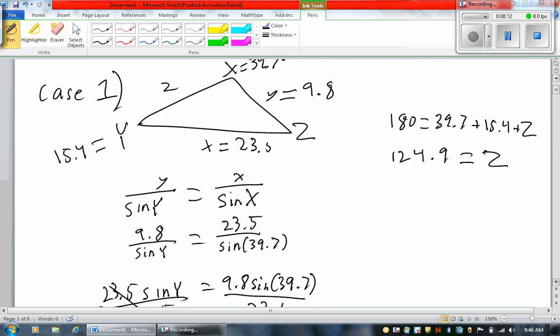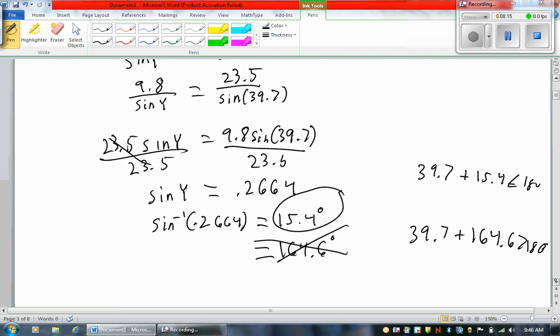We can now solve for our side z, which is the last thing in our triangle that we don't know.